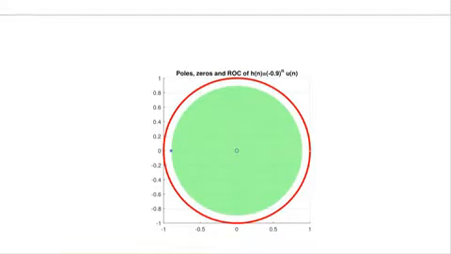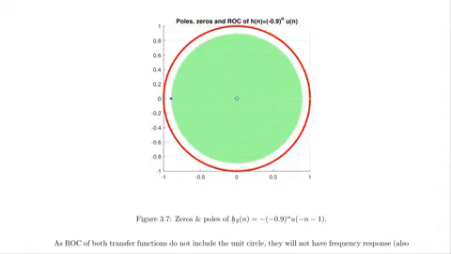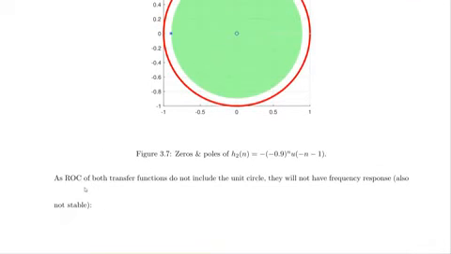For the second system, illustration of zeros and poles of H2 of n equal to minus 0.9 to the power of n u of minus n minus 1. As the ROC of both transfer functions does not include the unit circle, they will not have a frequency response, and also are not stable.